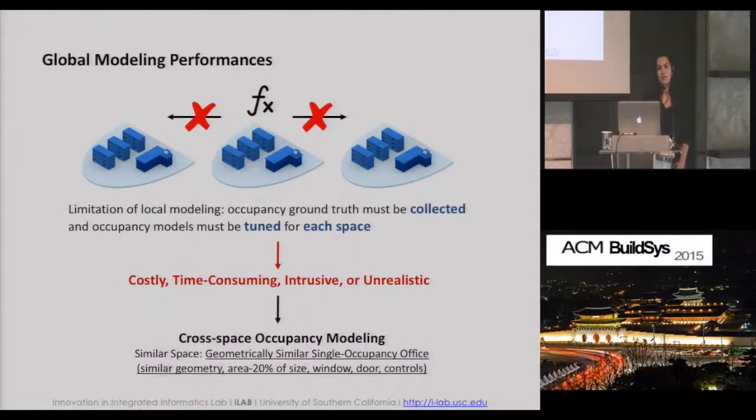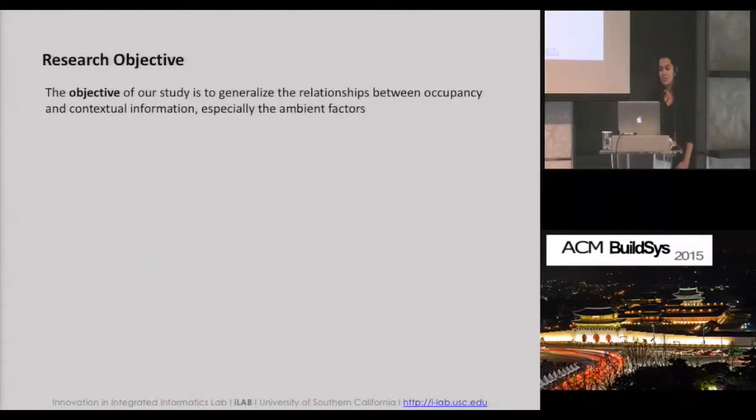I'm not claiming that this modeling works for all kinds of spaces, but I am claiming that it works for geometrically similar spaces, and the way that we define it is that two spaces are similar if they're within 20% of the area and have similar controls, windows and doors and such.